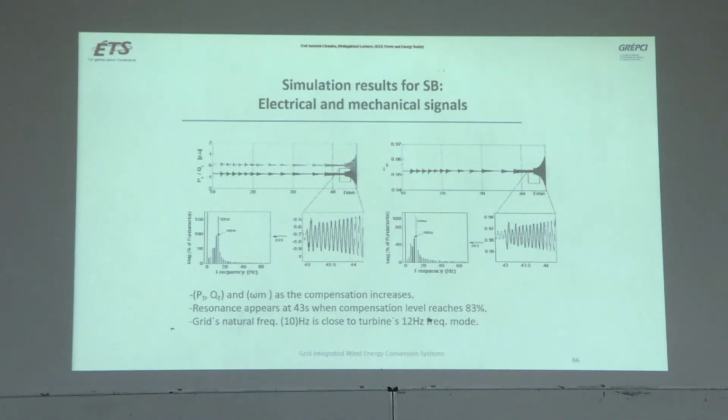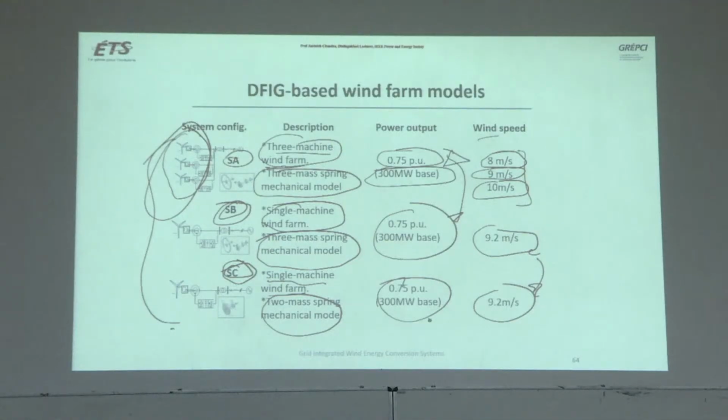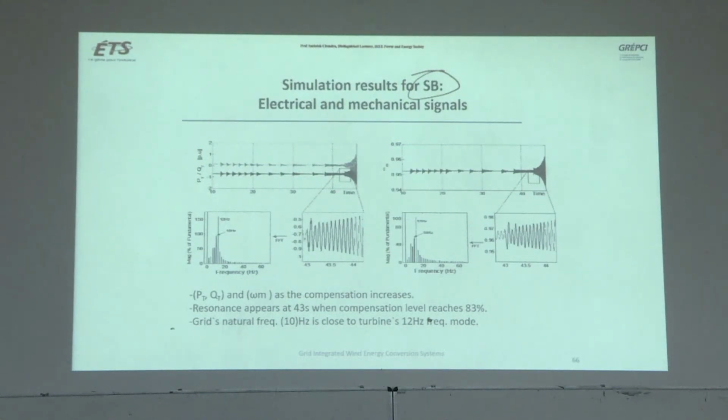Now in the second model, he took a single machine and 3 mass spring model. Again he did the same experiment, and in this case he could see the subsynchronous resonance at 43 seconds instead of 27 seconds, because he simplified the model.